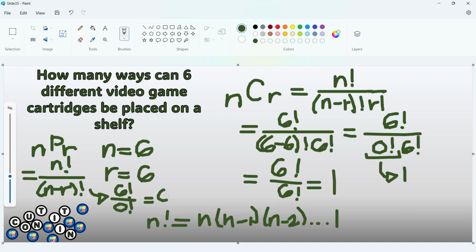So we'll have 6 factorial, which gives us 6 times 5 times 4 times 3 times 2 times 1, which gives us 720 permutations or arrangements for those 6 video game cartridges on a shelf. But when you talk about combination, there's only one. That's their difference. This is the answer for this video. There's only one, and that's counting it in.